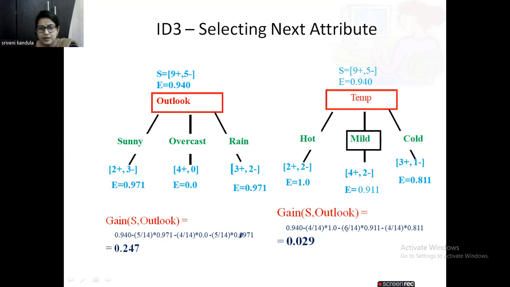Cardinality of mild is 6. 6 divided by total number of examples 14 multiplied with 0.911, minus cold, which has 3 positive and 1 negative example, total of 4. Cardinality of cold is 4. 4 by total number of examples 14 multiplied with 0.811. If you simplify, you are getting a gain value of 0.029.